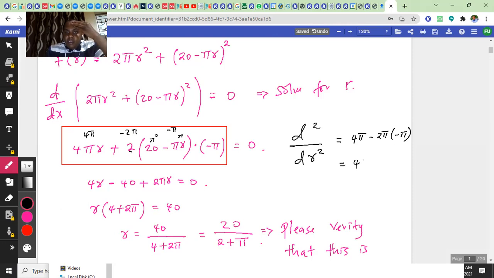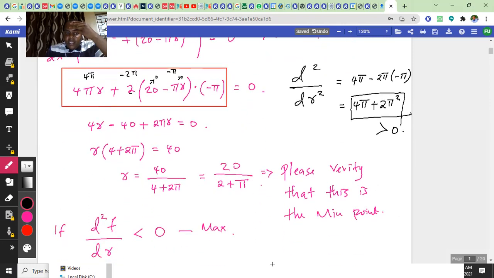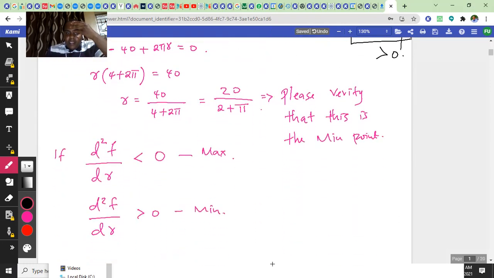So this is going to be 4 pi plus 2 pi squared, right? And you can see that this value is greater than 0. Because it's greater than 0, it satisfies the second condition. And so the value of r that we found is going to give us the minimum sum of the areas. We just verified that.